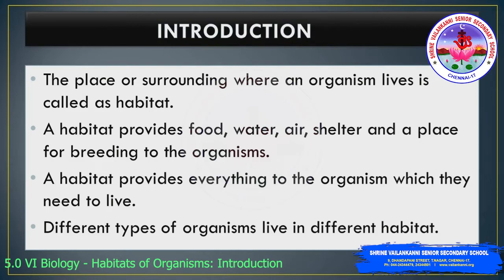A habitat provides food, water, air, shelter, and a place for breeding to the organism. A habitat provides everything to the organism which they need to live. Different types of organisms live in different habitats.